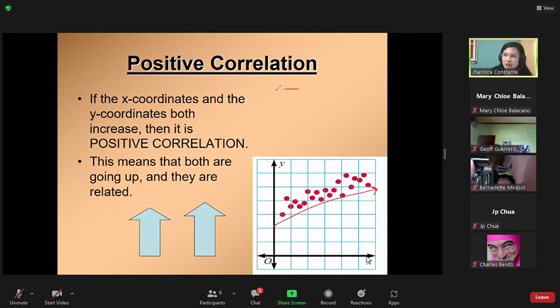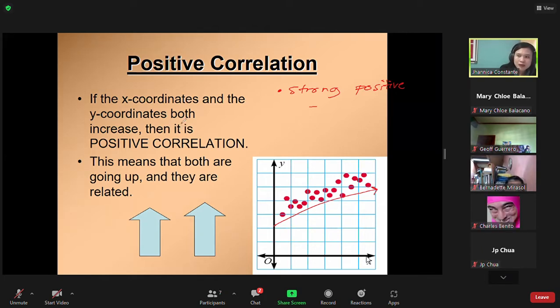The first type of positive correlation or association is what we call the strong positive correlation or strong positive association. When we say strong positive, that means the dots that we have on the screen or in our graph are not separated or not scattered.